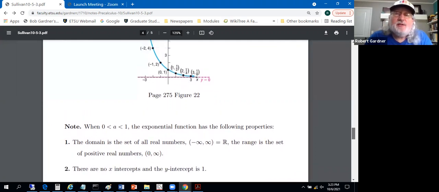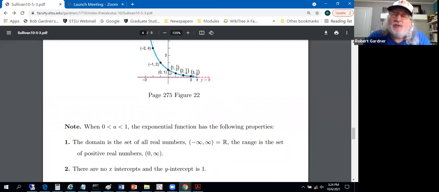X-intercepts, no x-intercepts, just like before. On the right, it's asymptotically approaching 0. It is getting closer and closer, and it never gets there. So that does imply the existence of a horizontal asymptote on the right to be dealt with here shortly. But the curve never touches or crosses the x-axis, so no x-intercepts.